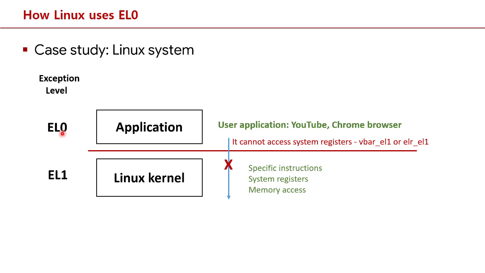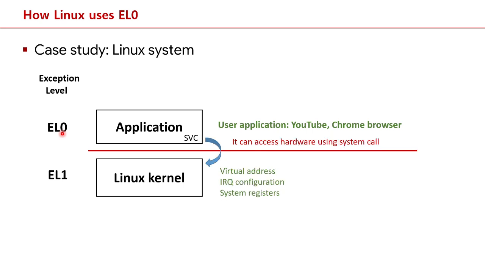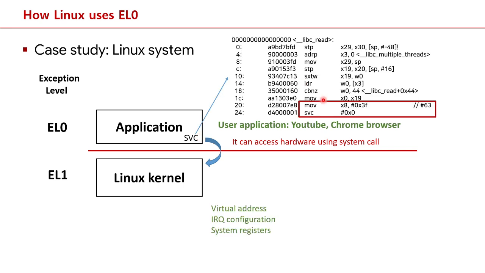So in order to access hardware resources, the user application should make use of a system call. In order to perform a system call, use the SVC assembly instruction, and here is an example of the SVC assembly instruction. As you can see, the system call number should be specified before the SVC assembly instruction. So here is the key point of exception level 0 in the Linux operating system.